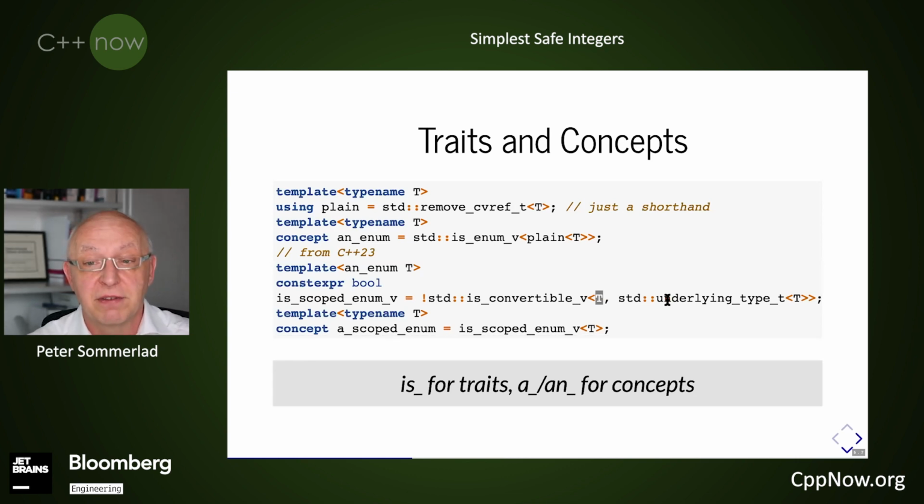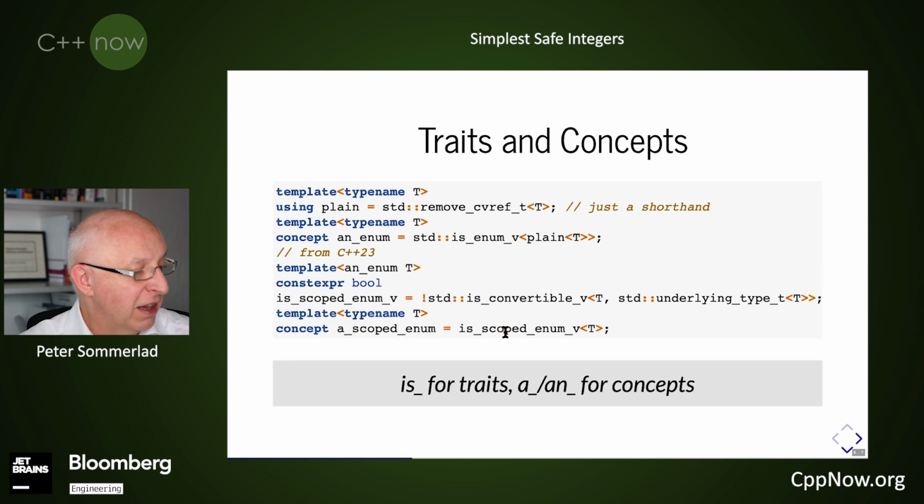That is what unscoped enums are allowed, and the not here, the little exclamation mark, will negate that. So whenever it's an enum and it's not convertible to its underlying type, then it's definitely a scoped enum.